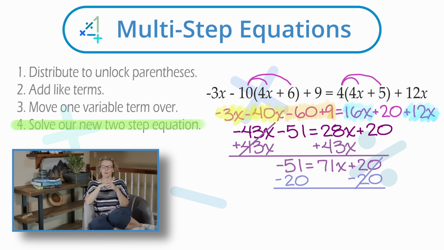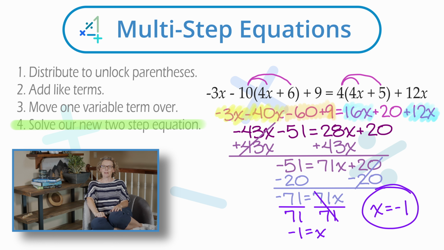Subtract the 20 from both sides of the equation. -51 minus 20 is -71. Equals that 71x. -71 divided by 71 equals -1. So x equals -1.